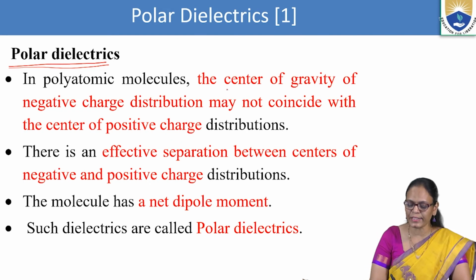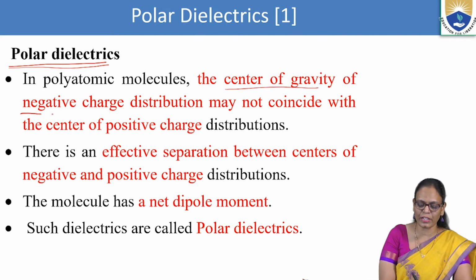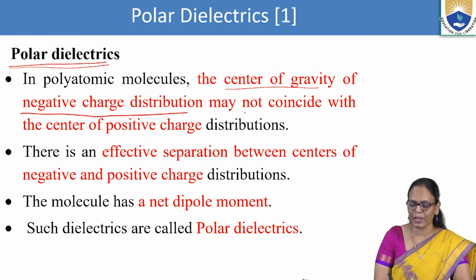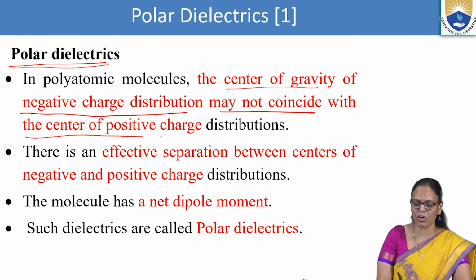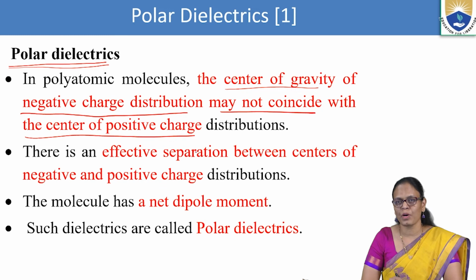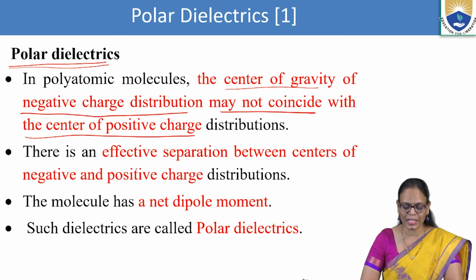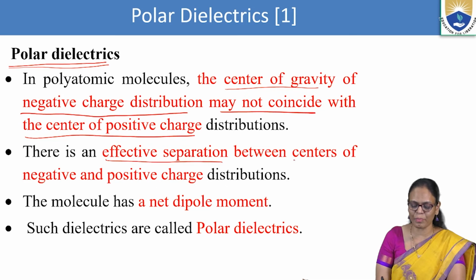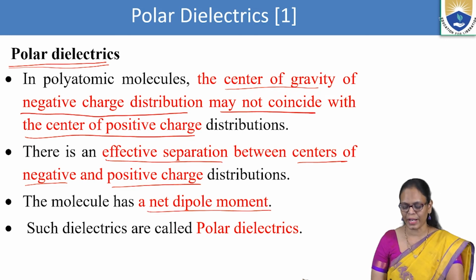Means the center of gravity of the negative charge distribution may not coincide with the center of positive charge. If they are not coinciding, means there is an effective separation between the centers of negative and positive charge, then they will have a net dipole moment, and we call them polar dielectrics.